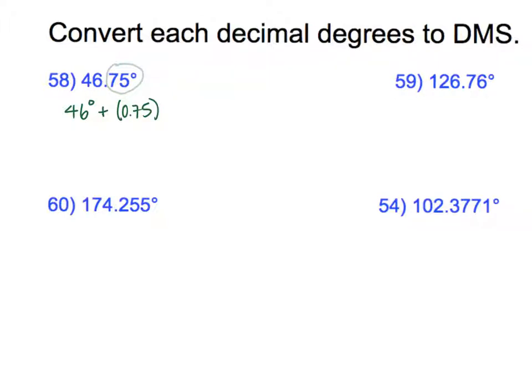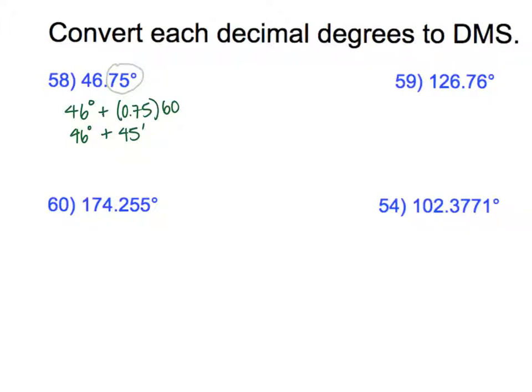We multiply that by, well, if that's in degrees and we want to change it to minutes, instead of dividing by 60, we multiply by 60. If we multiply these two, using my calculator, we get 45 minutes. And this one here is just 46 degrees.